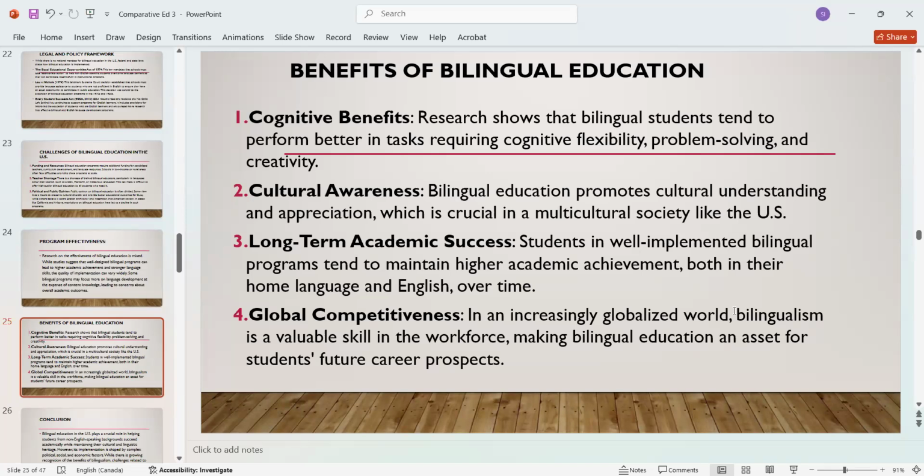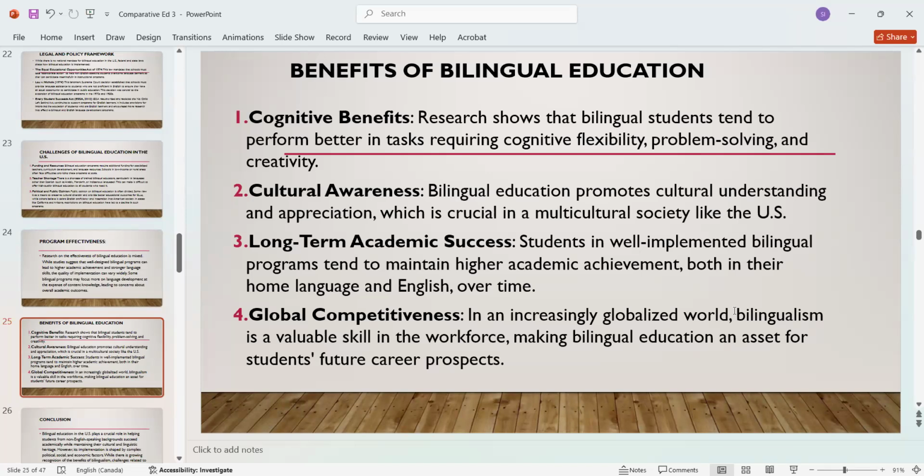So in that way, there is a benefit, cultural awareness. They will know each other's culture. Long-term academic success: students in well-implemented bilingual programs tend to maintain higher academic achievements, both in their home language and English over time.